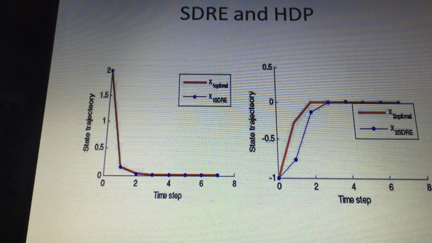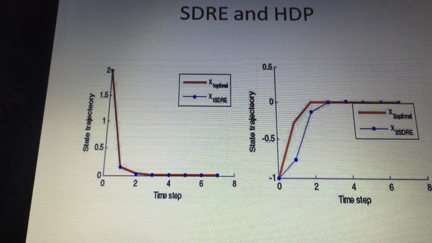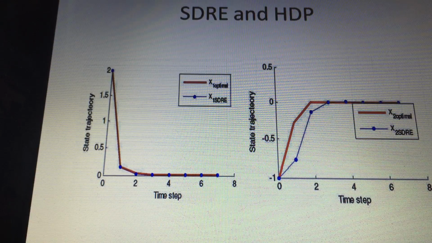Okay, now I will show you the results of the state trajectory for the difference between the state dependent Riccati equation and the HDP algorithms.